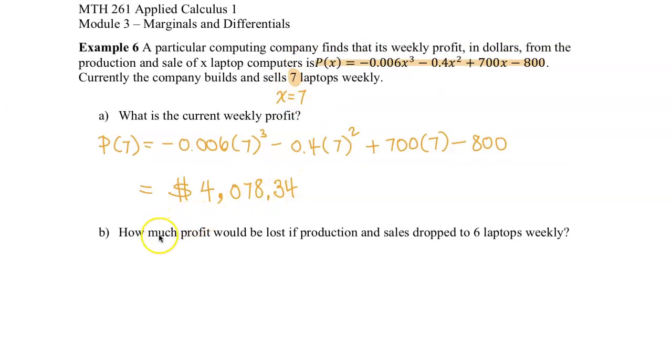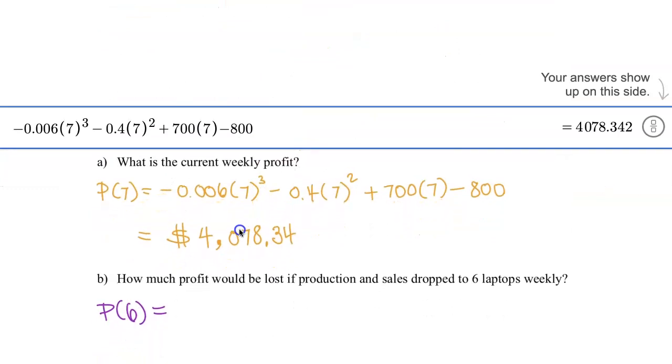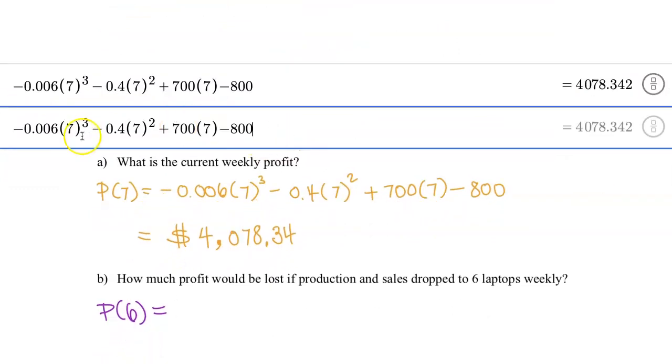Part B is asking how much profit would be lost if production and sales drop to 6 laptops weekly. So I will find P of 6. I'm not going to rewrite the whole thing, you know what we're doing. We're going to plug in x equals 6. I'll just copy this line in the calculator and change the input to 6.